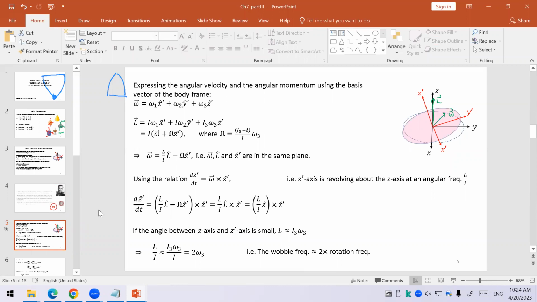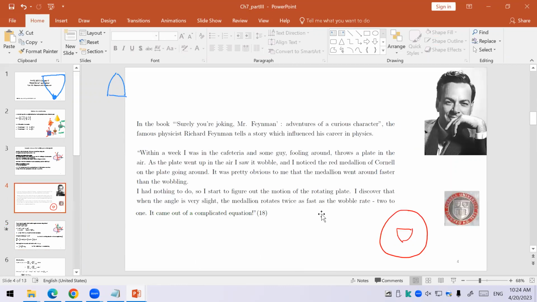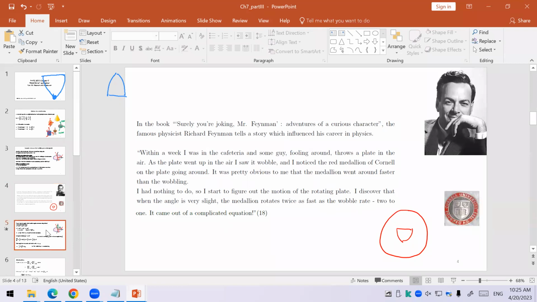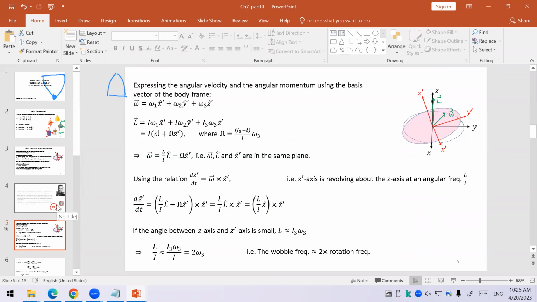We don't really know whether he actually made a mistake or just treated it as a joke or something. But indeed, it should be a factor of 2, not a factor of 1/2. But that's not very important here.